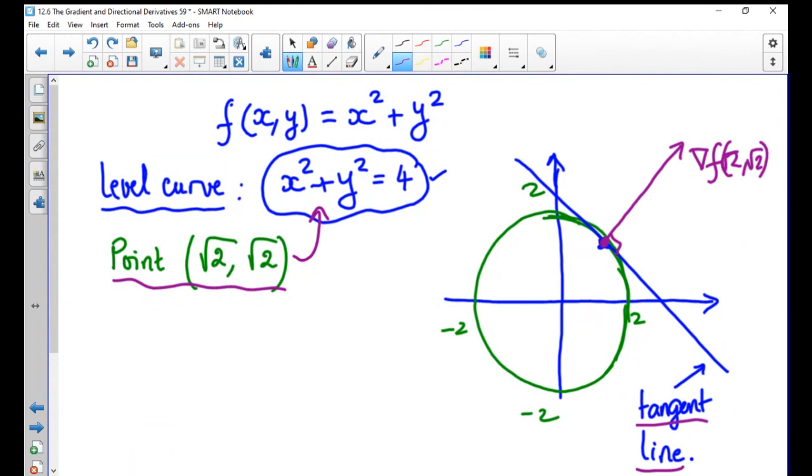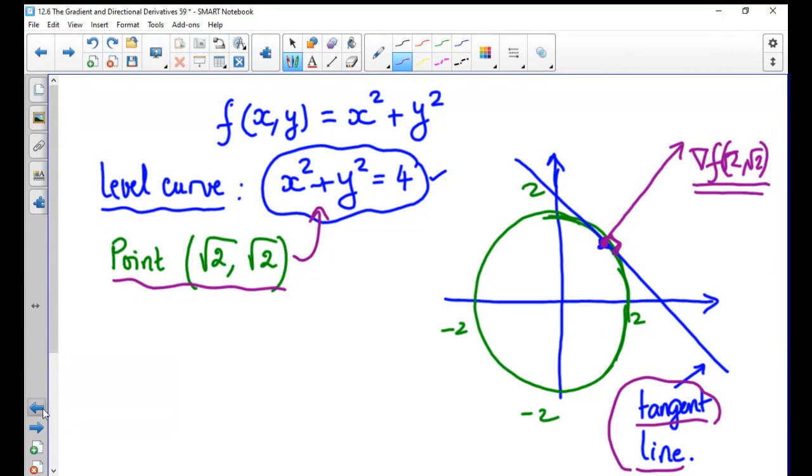It makes an angle of 90 degrees with the tangent line. So the gradient is always perpendicular to the tangent, like this. So that is what this part says.